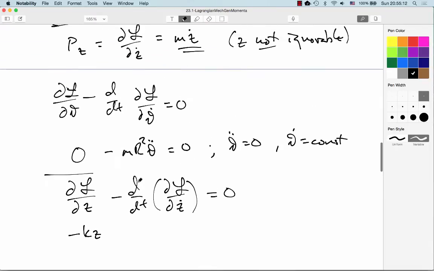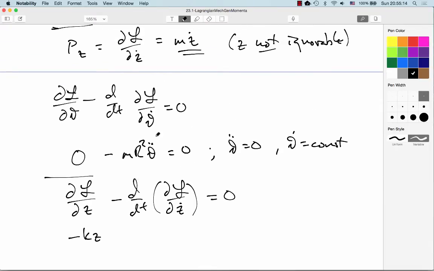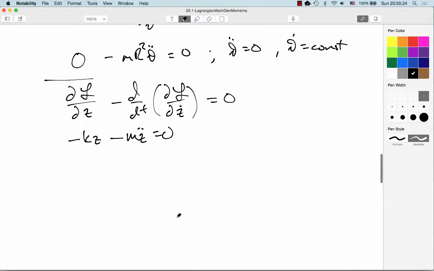And then for this bit here, the partial L partial z dot is just m z dot. Differentiate that with respect to time, that'll be z double dot. So minus m z double dot equals 0. Okay, so we have a second order differential equation. Let's get it into standard form: z double dot plus k over m z equals 0. We look at that and go, my god, that is a simple harmonic oscillator. So that's omega squared.